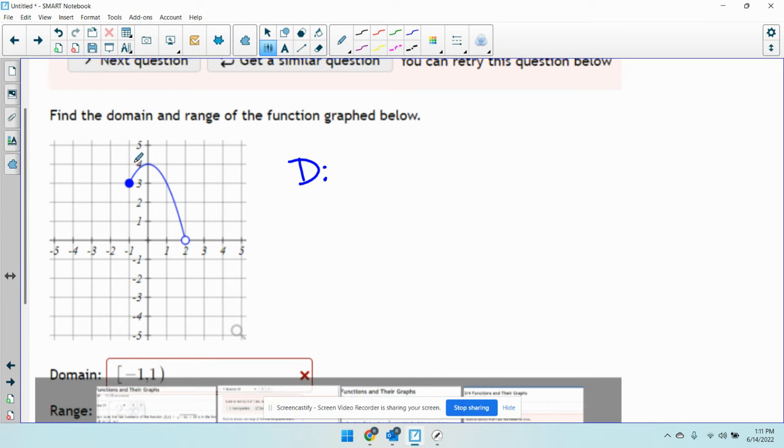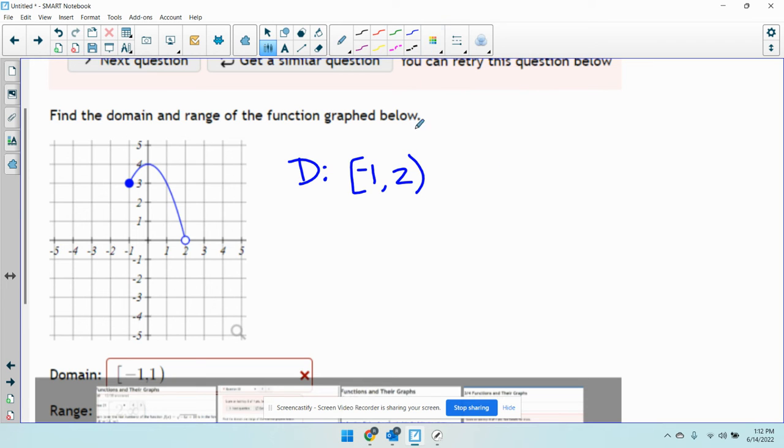So it looks like the leftmost x value is -1. And we use a bracket because it's filled in, which means we're including it. And the x values go as far right as 2. But there's an open circle there, which means we're not including 2, so we use a parenthesis.